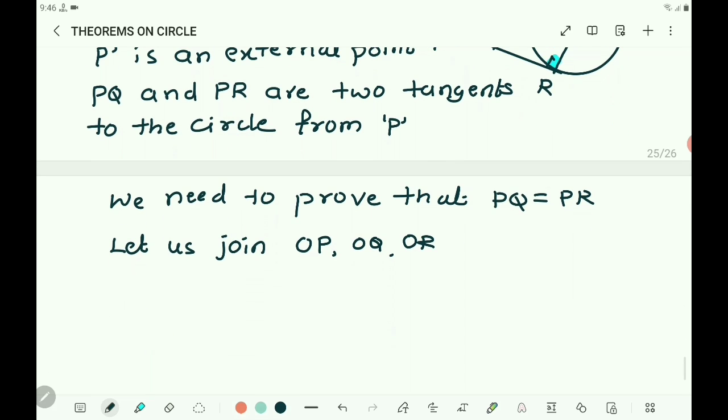So you write that one. Angle OQP and angle ORP are right angles.